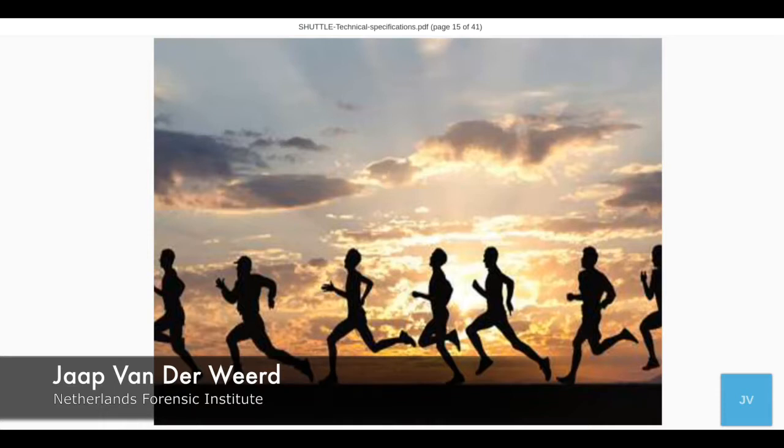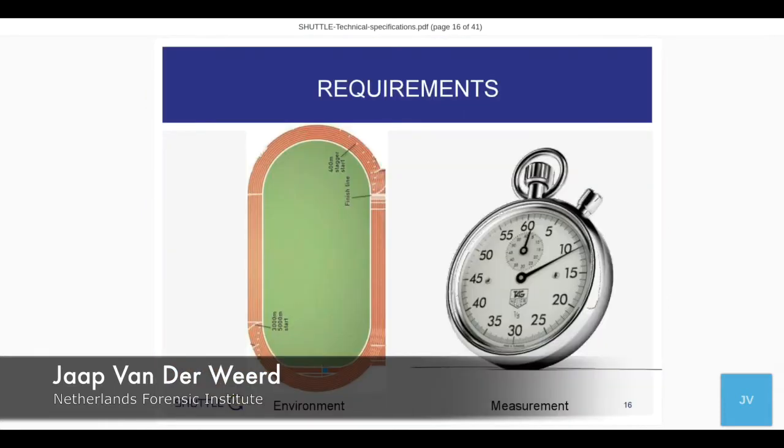In order to do that, we need two additional things, and these are symbolized here. First, we need an environment. We need an environment that's fixed, so we have to make a clear appointment on what distance we want to run. There's quite a difference between, let's run for 10 kilometers or let's run for 400 meters. Of course, that's a difference.